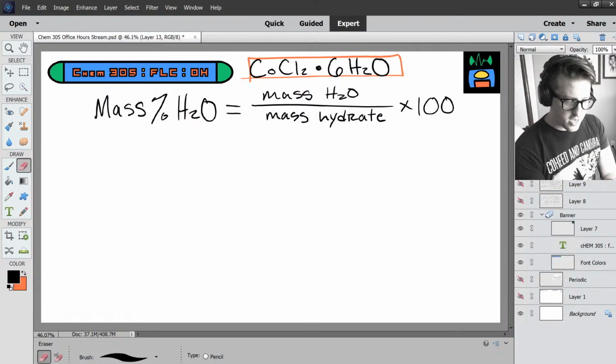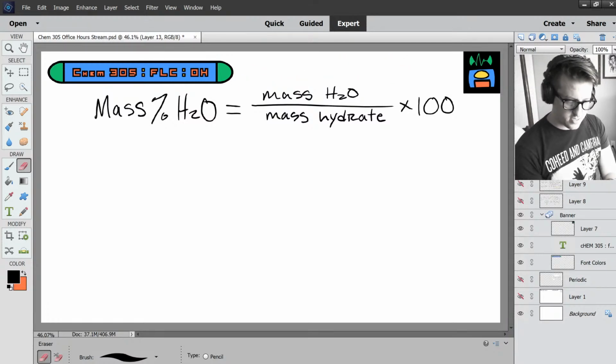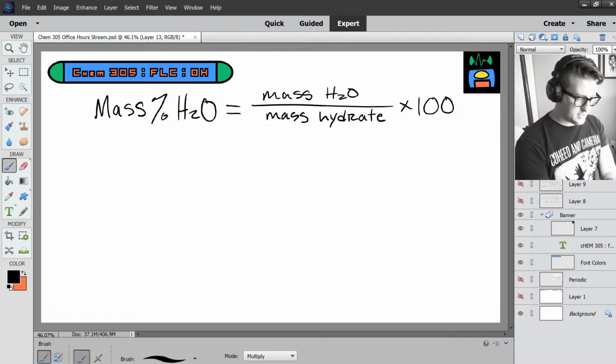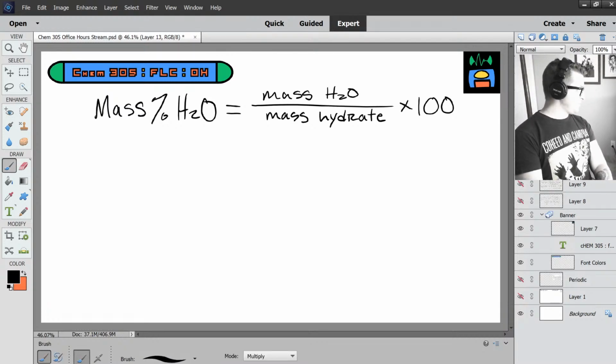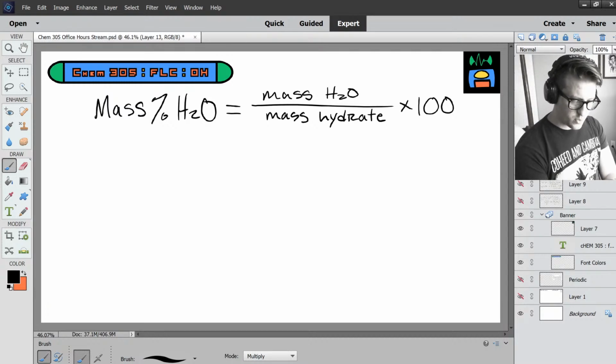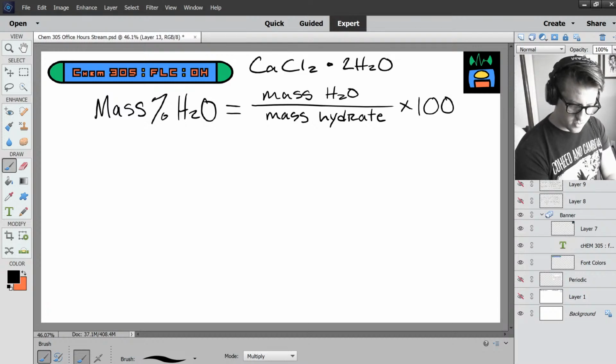Okay, so instead of cobalt chloride, let's look at calcium chloride. All right.